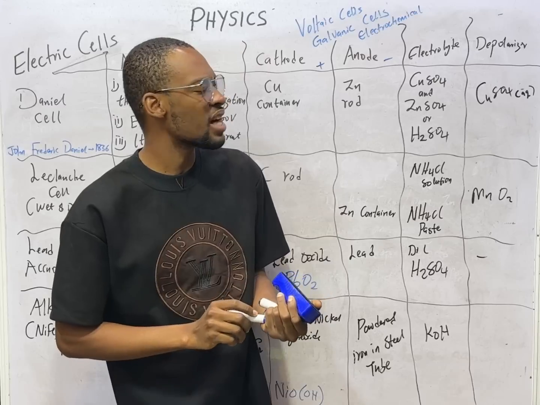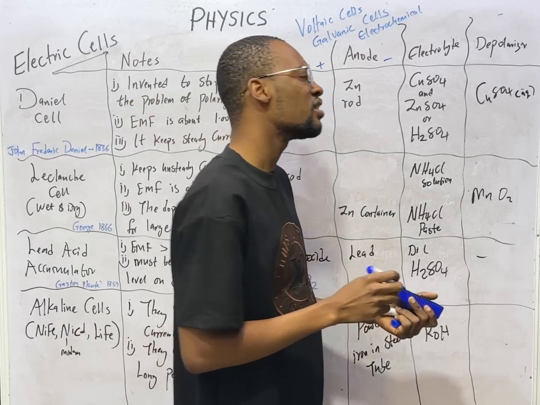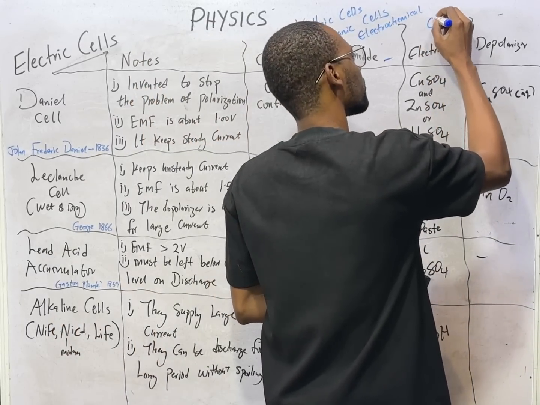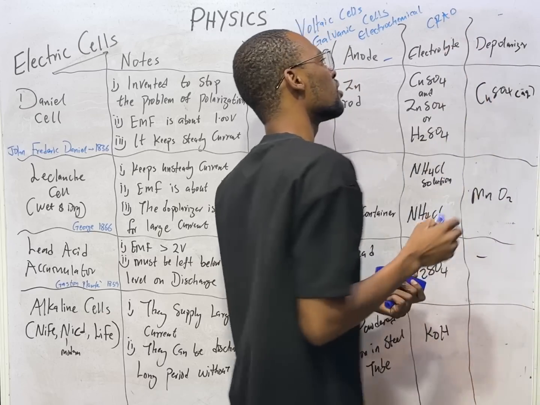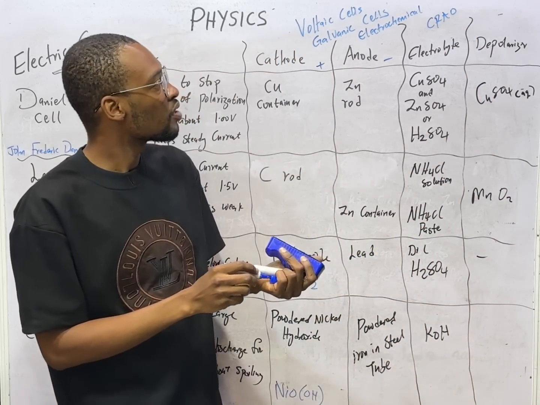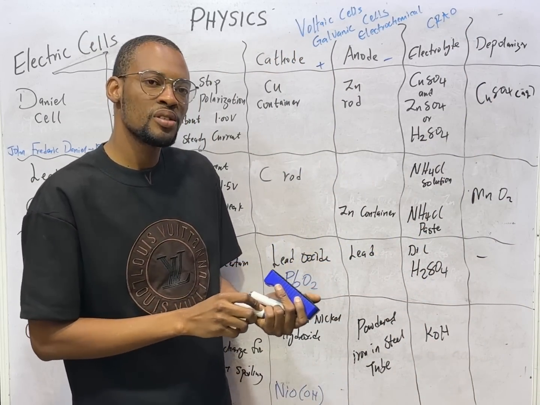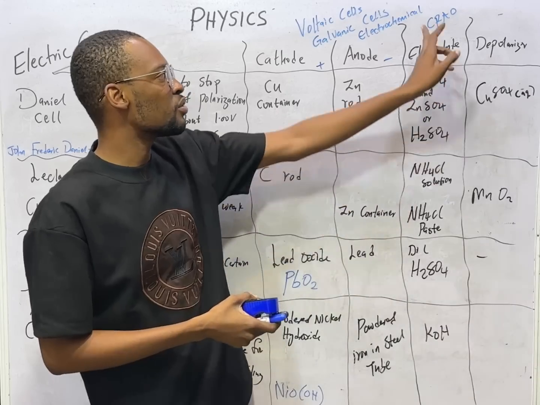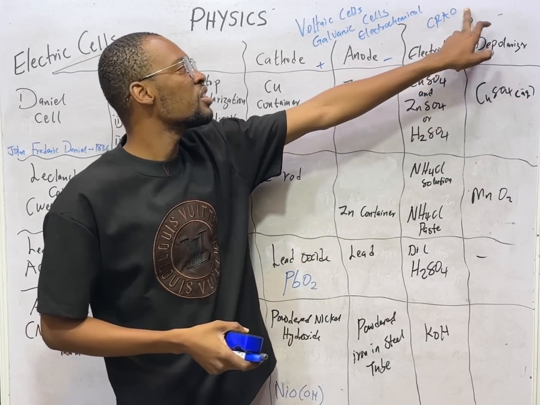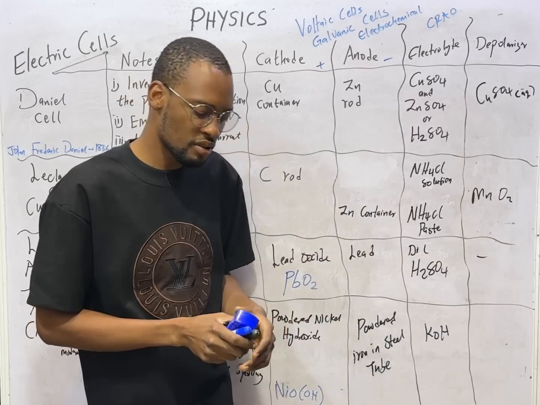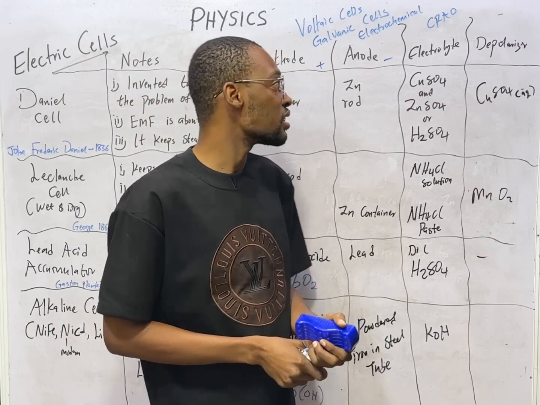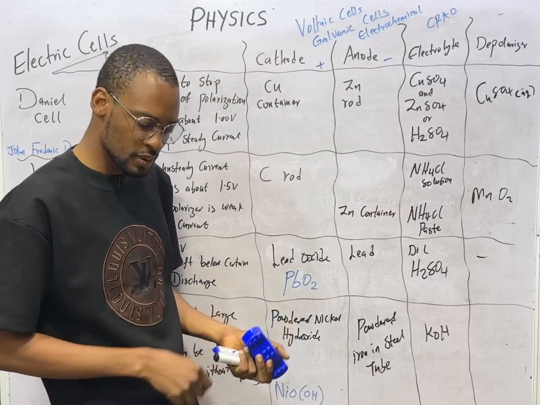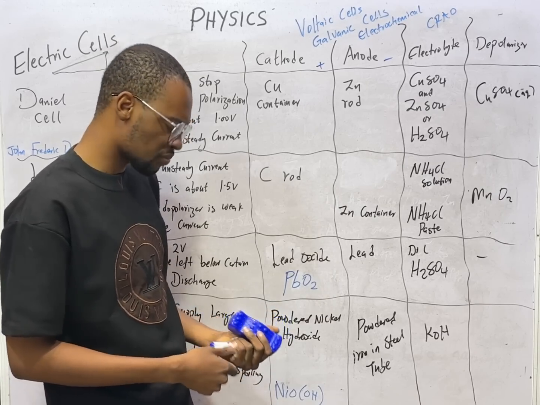And there is the shortcut I gave in chemistry under electrolysis, CRIO: reduction takes place in the cathode, and oxidation takes place in the anode.